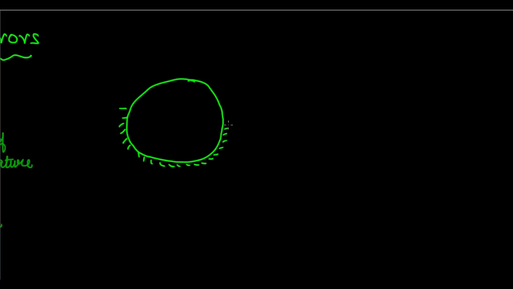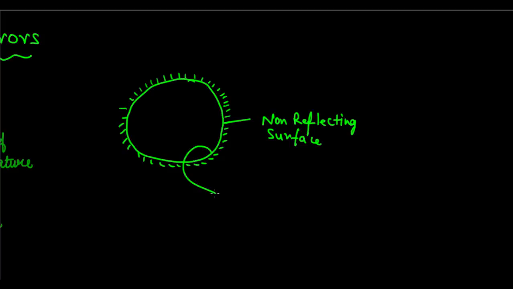These lines denote that this outer surface is non-reflecting, and this inner surface, which is smooth, is the reflecting surface.